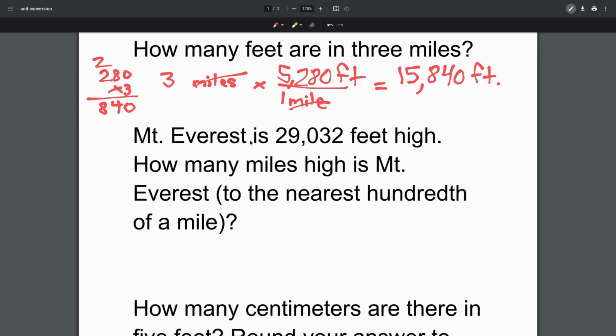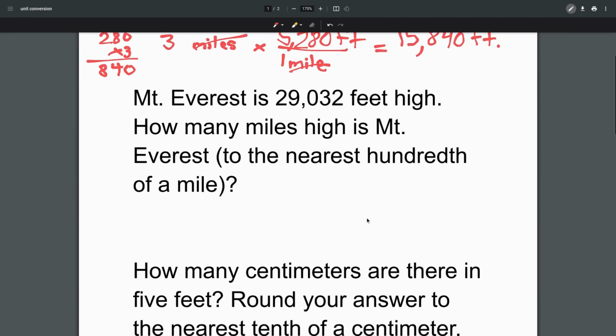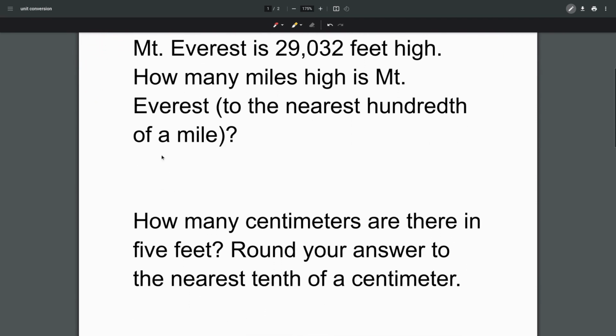Okay, second one. Mount Everest is 29,032 feet high. How many miles high is Mount Everest? To the nearest hundredth of a mile. So for this one, we're going to do 29,032 feet times, remember there's 5,280 feet in 1 mile.